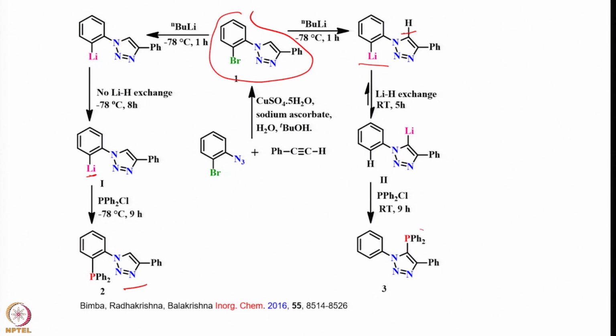That means one has to be extremely careful while doing lithium reactions. They are very, very sensitive to temperature, and if you have some acidic protons nearby where lithium is occupying the carbon, there can be an exchange process, and this is one such example where temperature assisted lithium hydrogen exchange takes place. Is it possible to monitor this one?